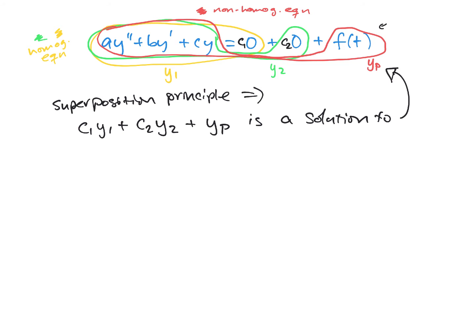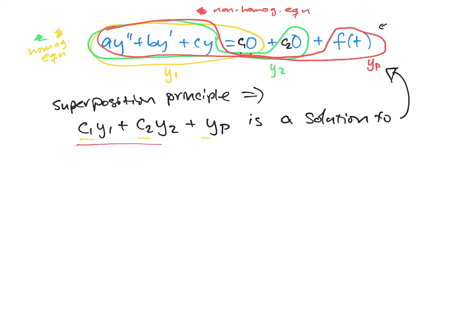Because we expanded out our right-hand side, and the y1 and y2 part is the exact statement of the superposition principle, and the yp part is also. If y1 and y2 are solutions to the homogeneous equation where f is equal to 0, and we add up all of those right-hand sides with our constants, then the same combination of the solutions is a solution to the equation where the right-hand side is that combination, okay?